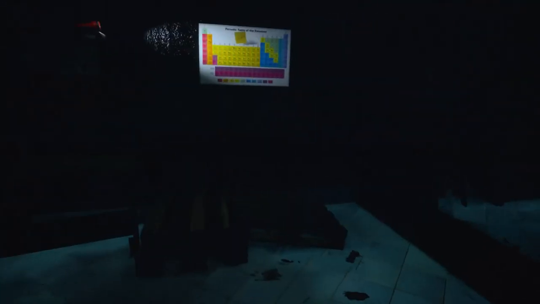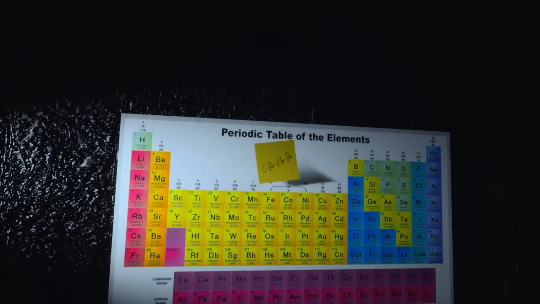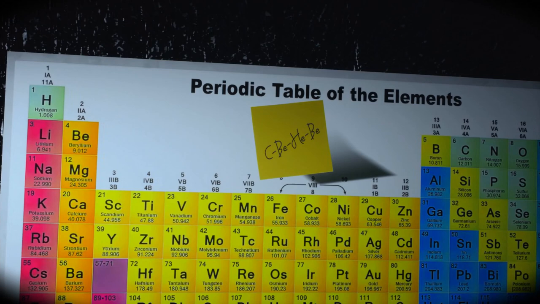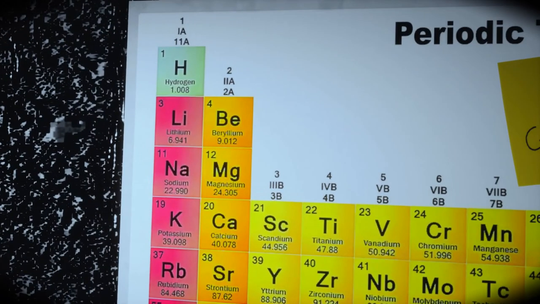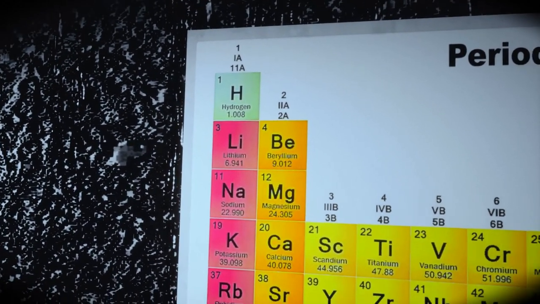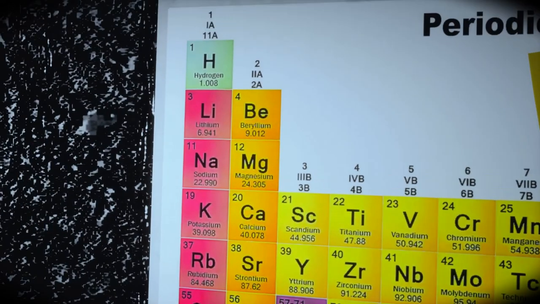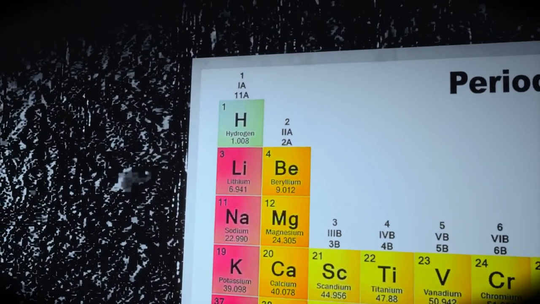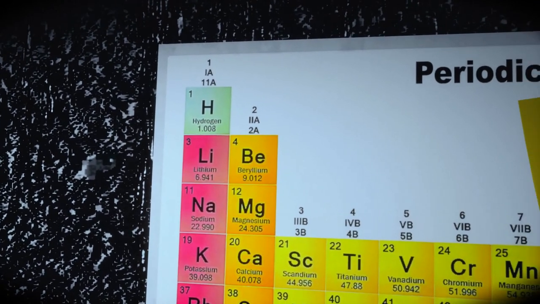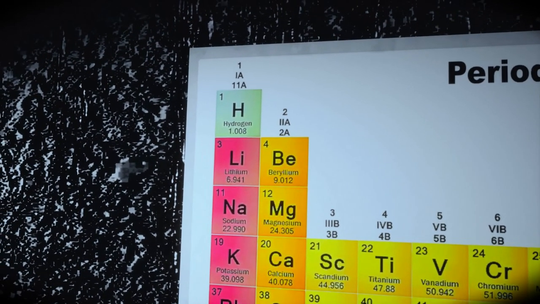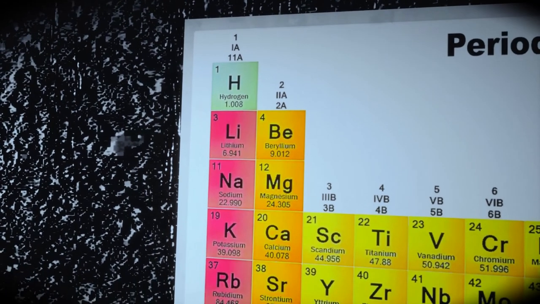Oh well. Okay, so let's look at this. C, B, he, B. And then you have the order number on the left-hand side, but I don't remember what it's called, and the atomic number on the bottom.